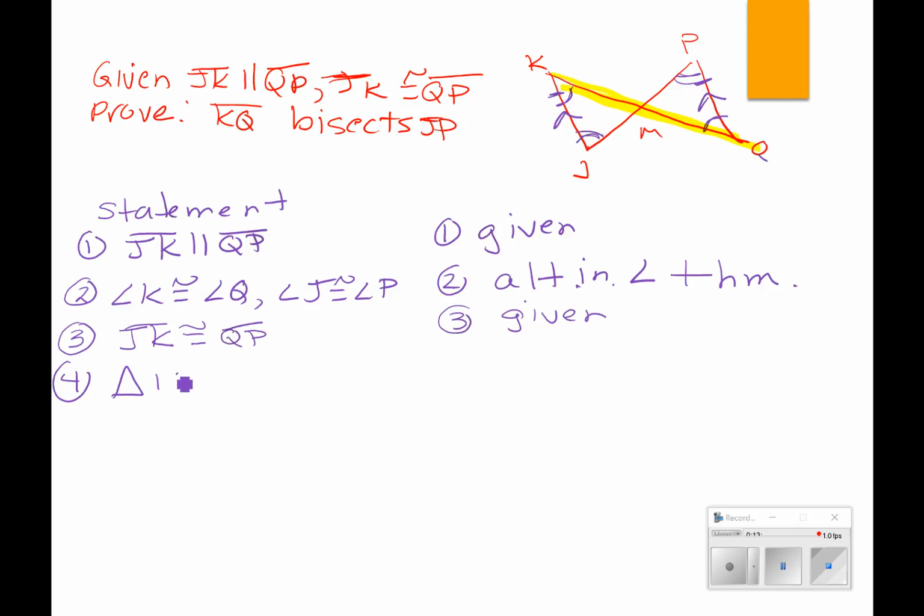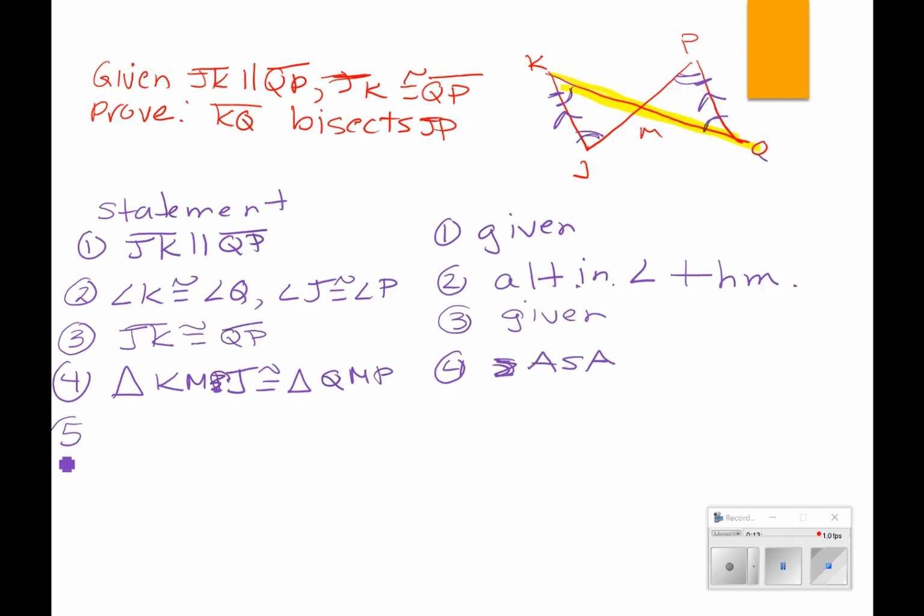So triangle KMJ is congruent to triangle QMP, and I'm paying attention to what order I do it, by angle, side, angle.